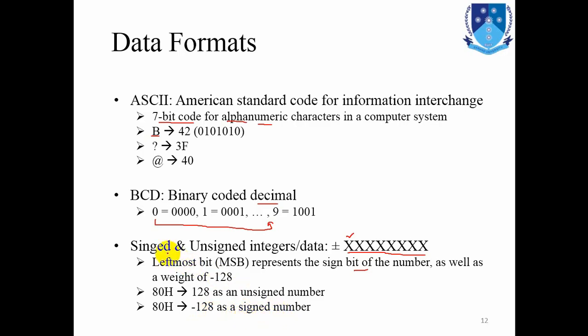So signed numbers are those which can be positive or negative, while unsigned integers are the natural numbers, which are always positive numbers.